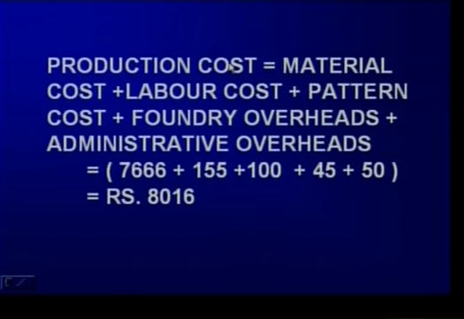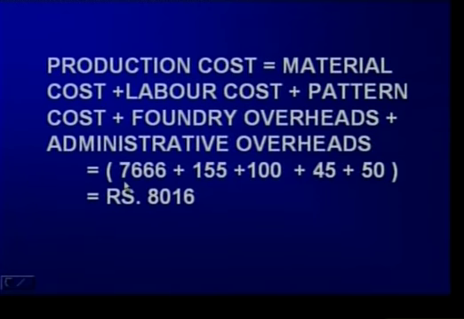Production cost is the sum of material cost, labor cost, pattern cost, foundry overhead charges and administrative overhead charges. By adding all these items, we get the production cost of the casting.